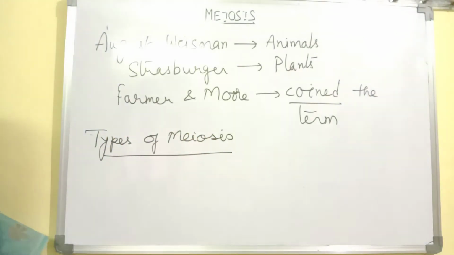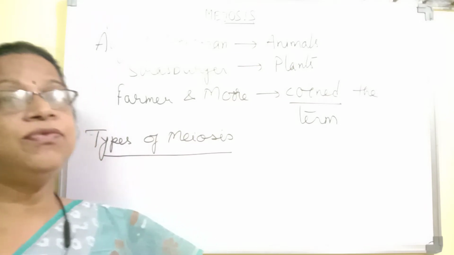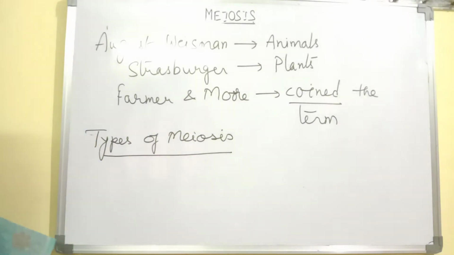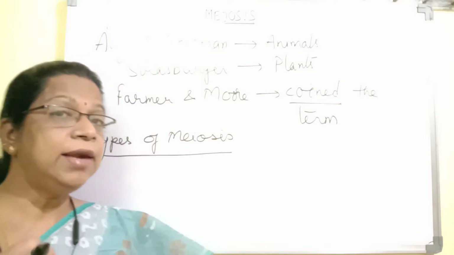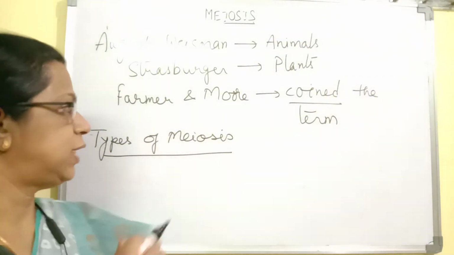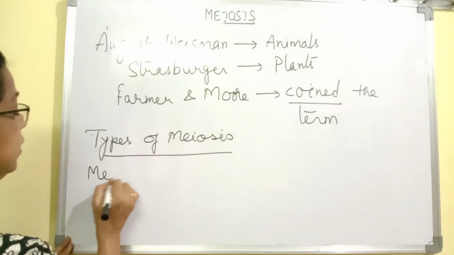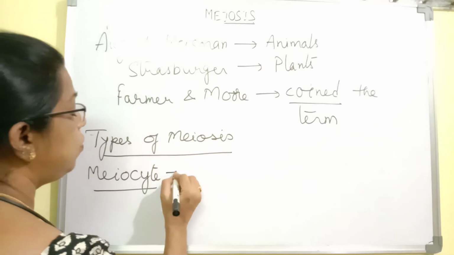Depending upon which cell is undergoing meiosis, meiosis is of 3 different types, and one very important term you should know is the cell which is undergoing meiosis, that is called a meiocyte. What is the meaning of meiocyte?